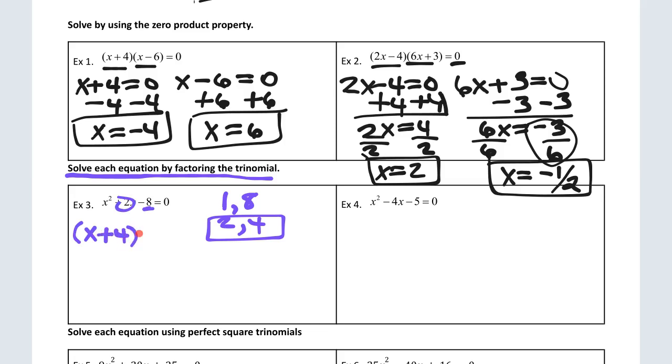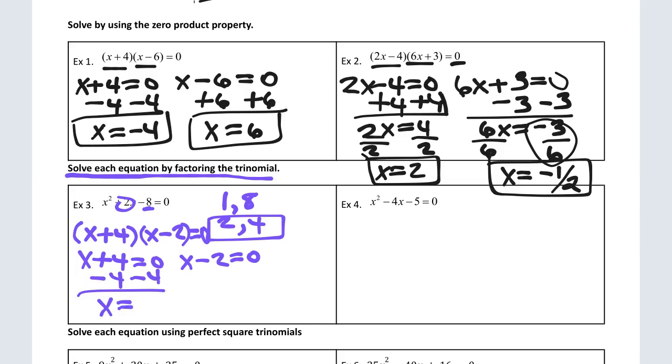So we use x plus 4 and x minus 2, and set each factor equal to 0. Solve for x. Add 2 to both sides of the equation, x is 2.